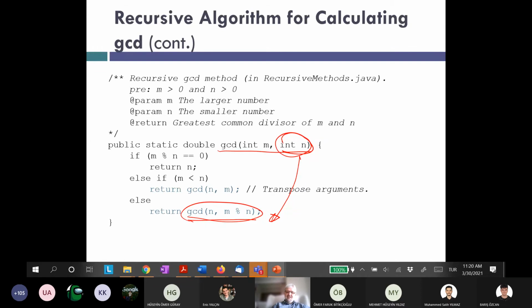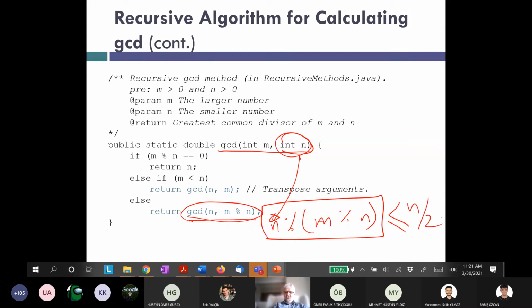So after the second recursive call, we can make sure that m mod n, actually n mod n, the value of this one is smaller than or equal to n over 2, and you can prove this.